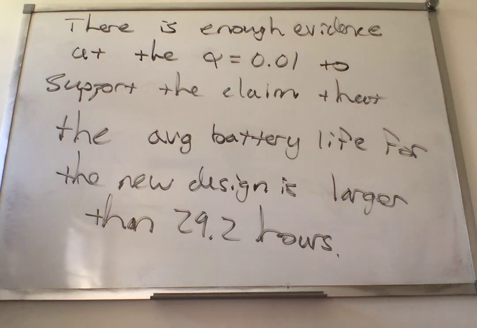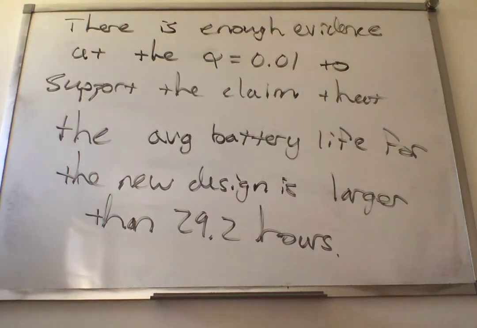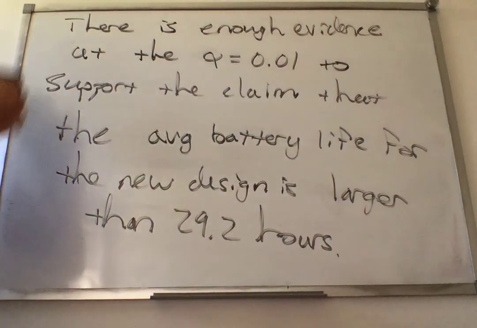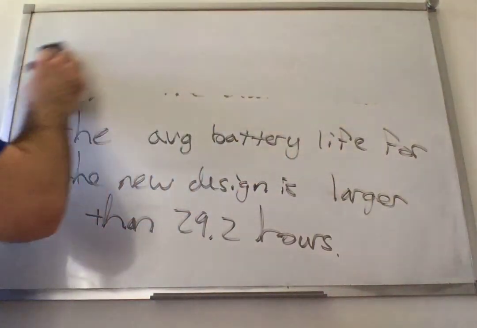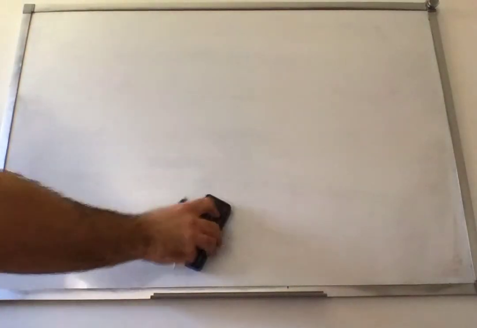Okay, we rejected that, so that gave us evidence to support our claim, because the opposite of that was the average battery life was greater, and that's exactly what the engineer is saying. As you can see, this was very much like 9.2 when we were doing the z-test. Only thing that changed was how we did it in the calculator.